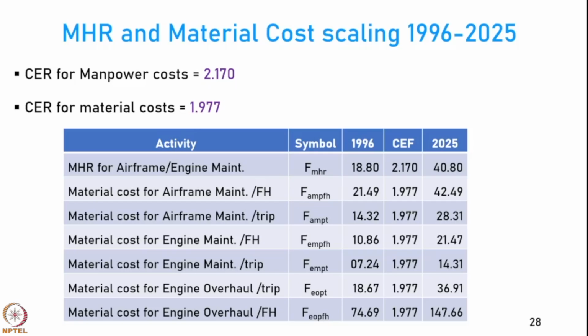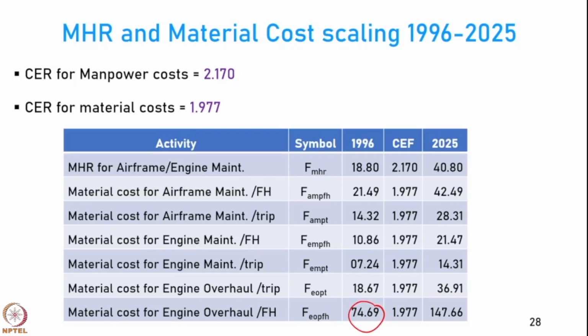Similarly, you have got the cost of material. So, material cost for airframe maintenance was 21.49, but then this number has to be scaled up by 1.977 to get 42. Like that, all these numbers have come. Notice the largest value is for the engine overhaul per flight hour. The material cost was $74.69.